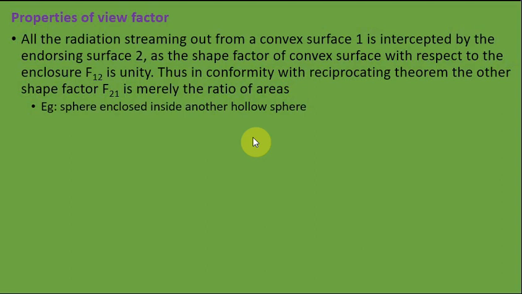So if you consider the reciprocity theorem, A1 F12 is equal to A2 F21. Since F12 is 1, then A1 is equal to A2 F21. That's written here. In conformity with the reciprocity theorem, the other view factor F21 can simply be calculated by using the ratio of areas.